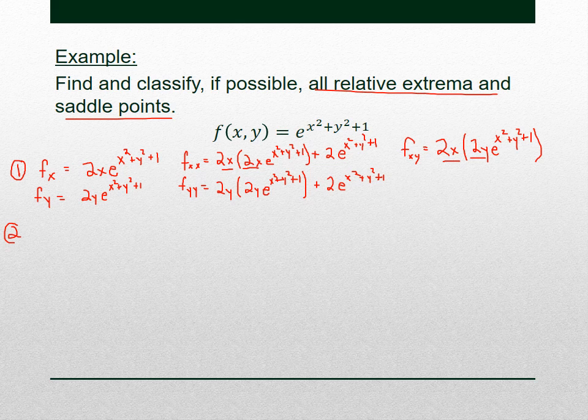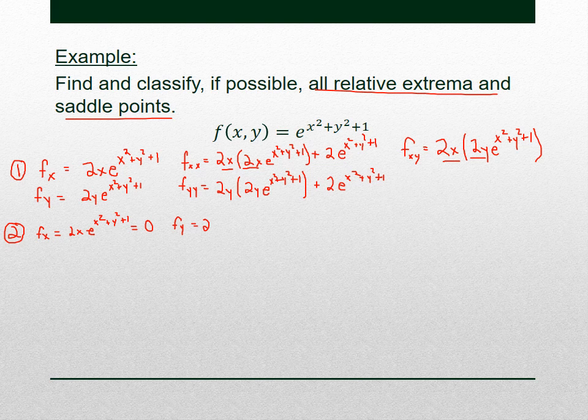Step 2, we want to set fx and fy equal to 0. So if fx, that's 2x e to the x squared plus y squared plus 1, we want that to be 0.